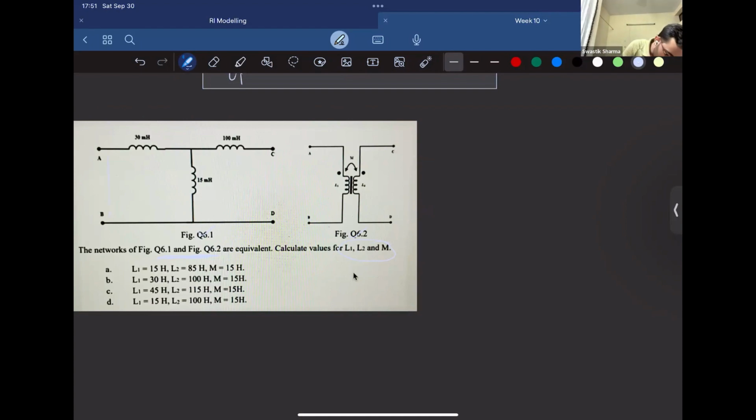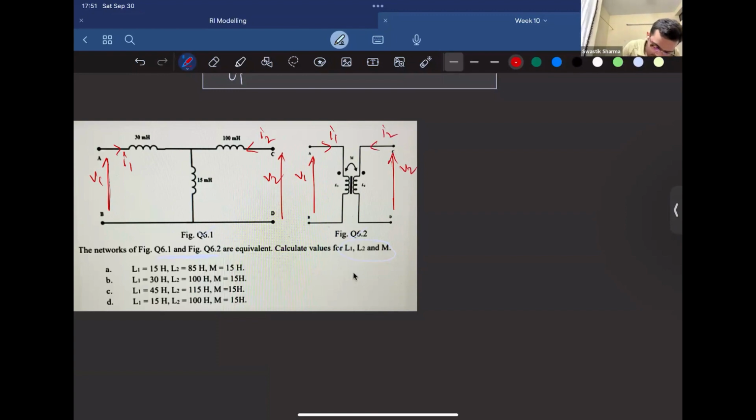Let's say that if these are equivalent, let's call this V1, the current flowing is I1, and this would be V2, the current flowing here is I2. Similarly here, this is V1, I1, V2, I2.